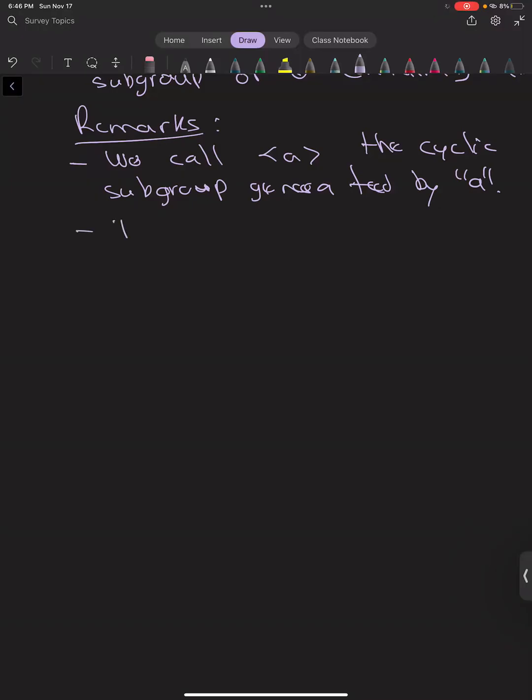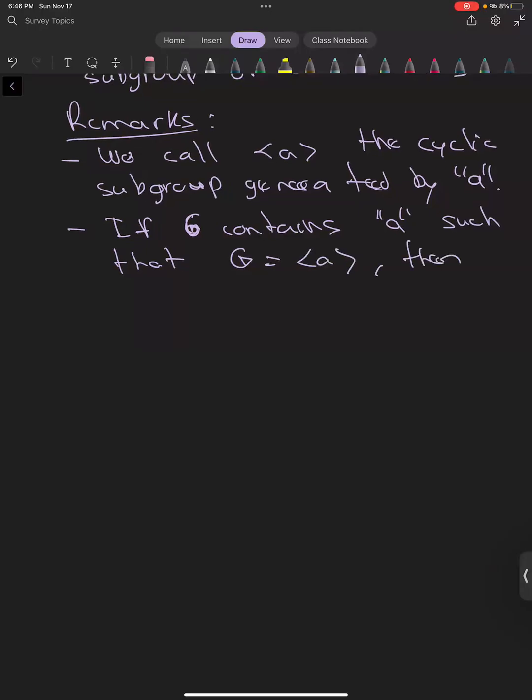We said if the group G contains A such that A generates all the group G, then G is a cyclic group.